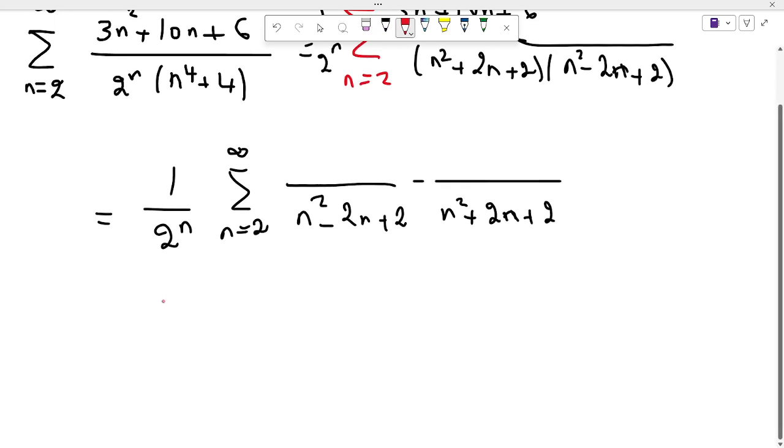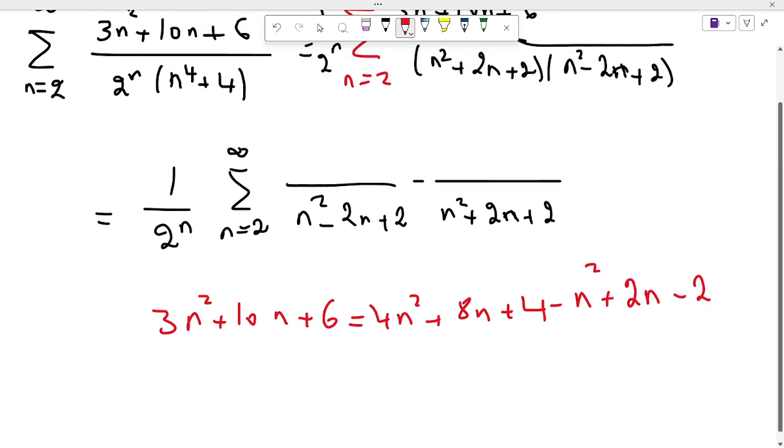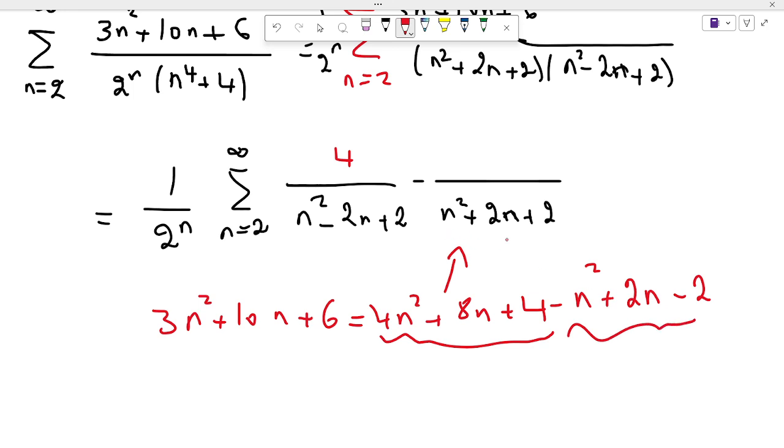Note that 3n squared plus 10n plus 6 is the same as 4n squared plus 8n plus 4 minus (n squared plus 2n minus 2). So that's the same as 4 times this expression. We put a 4 here, and that's simply the opposite of that expression, so it's a 1.